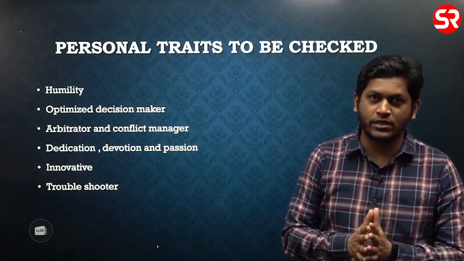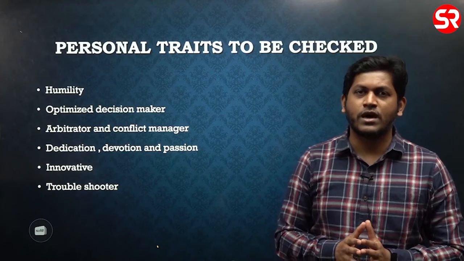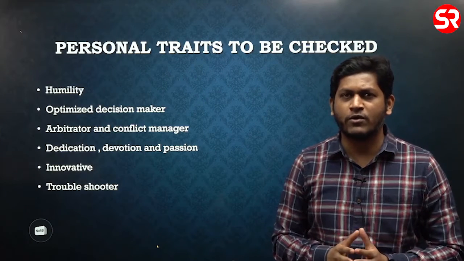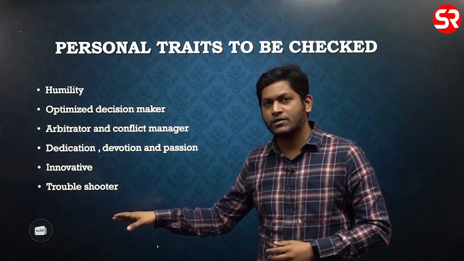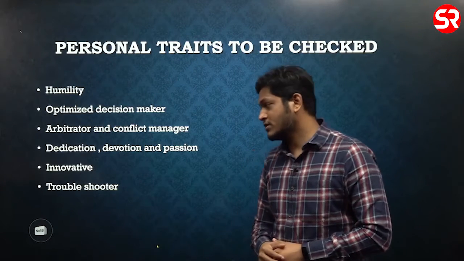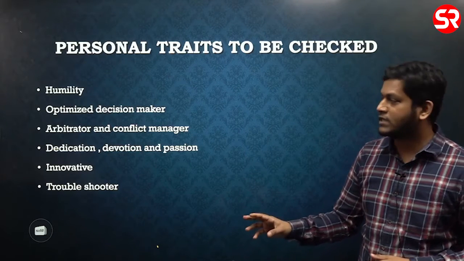They will ask you about Section 144, curfews, shootouts, fake encounters, a lot of things. So how are you going to handle these trouble situations? This is also one of the attributes, or a personality test, which is highly checked by the UPSC.